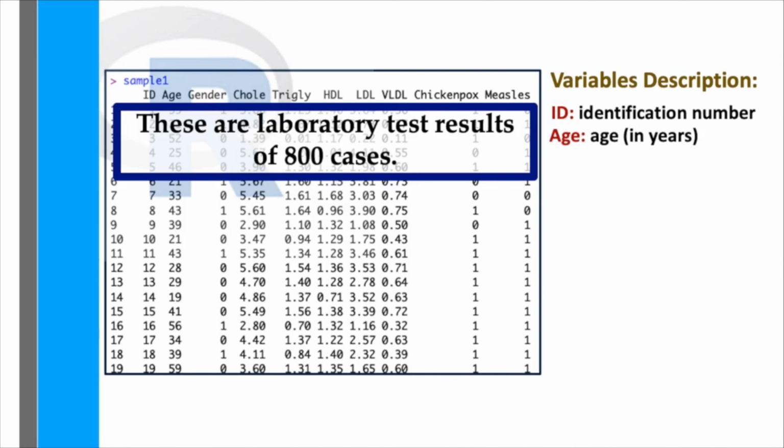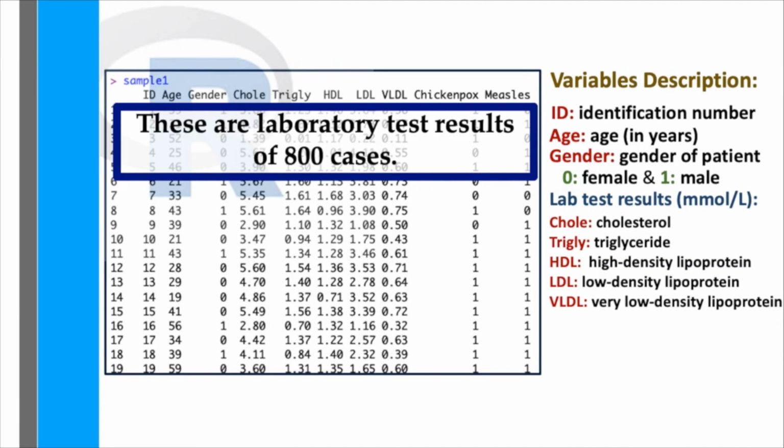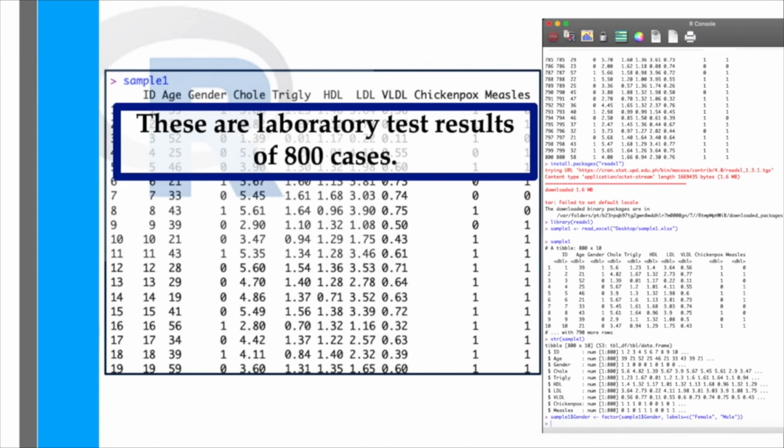And then we have the age of the patient, which is in years, the gender, in which 0 is female, 1 is male, the lab test results, which are cholesterol, triglyceride, HDL, LDL, VLDL, and let's say the occurrence of a specific disease, like chickenpox and then measles. 0 there means never, and 1 means the patient has already experienced having either chickenpox or measles.